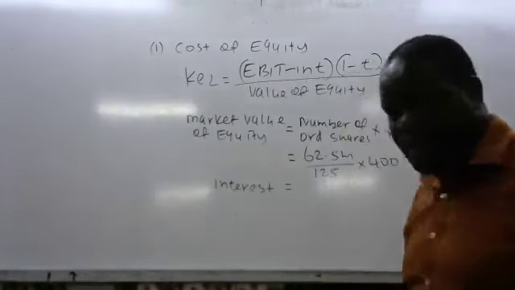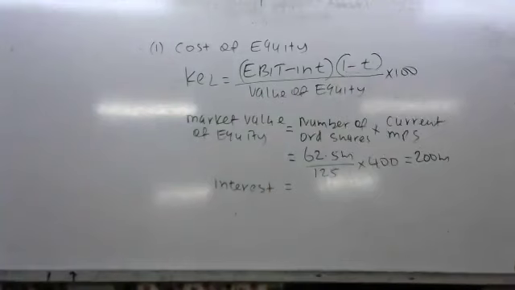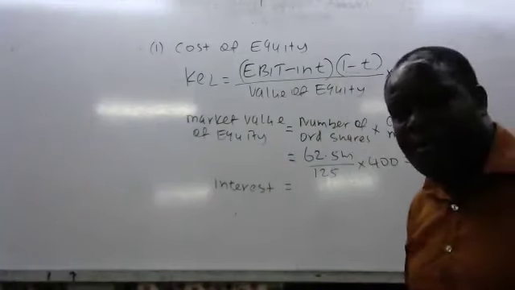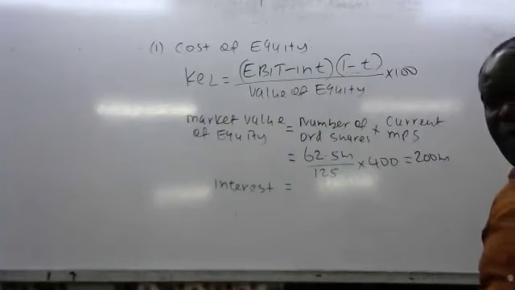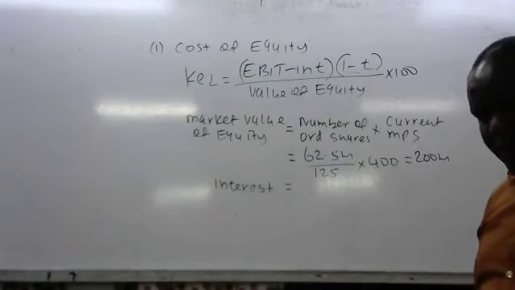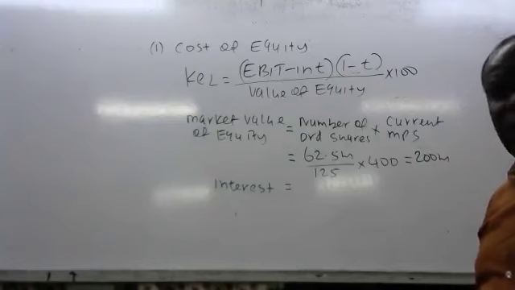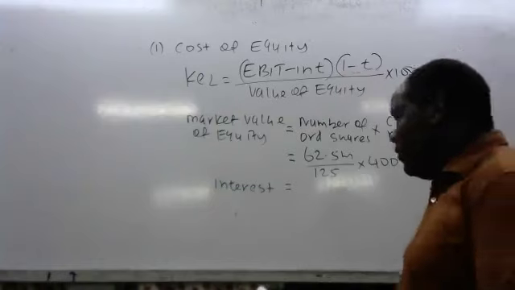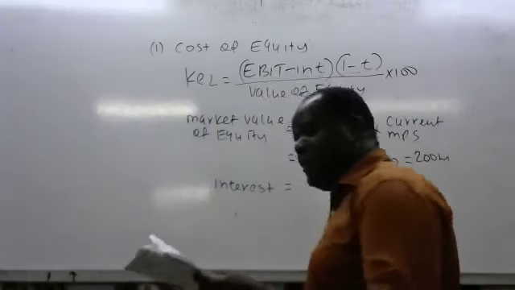So interest, are you able to see under the long-term liabilities? You are given 14% debenture stock. The par value is how much? 500. So the total figure is 118.5.